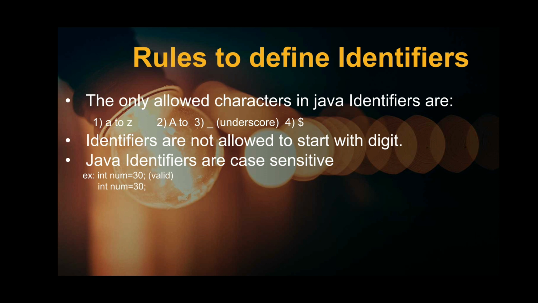Now here I created one more variable, int num = 30. Is it valid or not? Definitely it's invalid, because we cannot create variables with the same names.